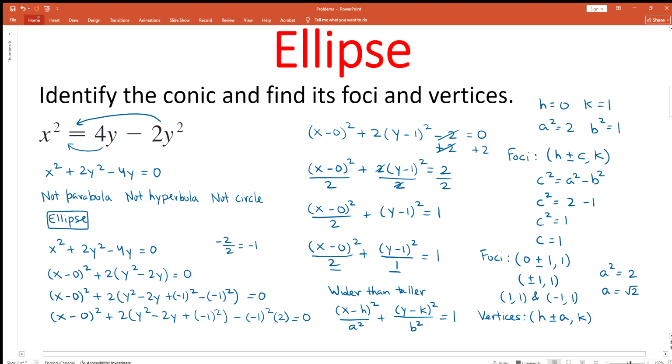Therefore, the vertices of this ellipse are 0 plus minus square root 2, comma 1. 0 plus minus square root 2 is equal to just plus minus square root 2, comma 1. So the two vertices of this ellipse are square root 2, comma 1 and negative square root 2, comma 1. So these are the vertices of this ellipse. This should be the final answer for this problem.